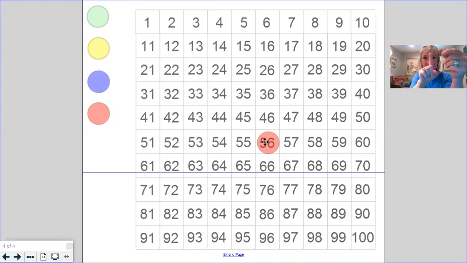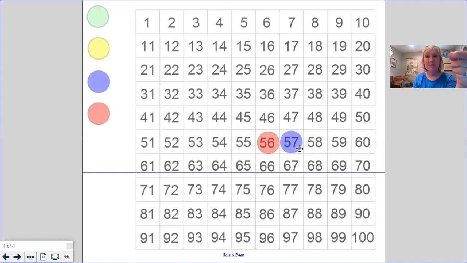So a penny is worth 1 cent. So on the hundreds chart, if I add one more, I am going to move one space to the right. 56, one more is 57. I'm adding one more in the ones place.